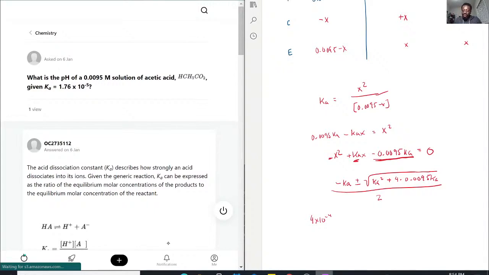And then the second number, which should make sense, should be a negative, which is something that we don't use. Because when we solve the quadratic equation, most times we end up with one answer that works and one answer that doesn't, because you cannot produce a negative amount of product.